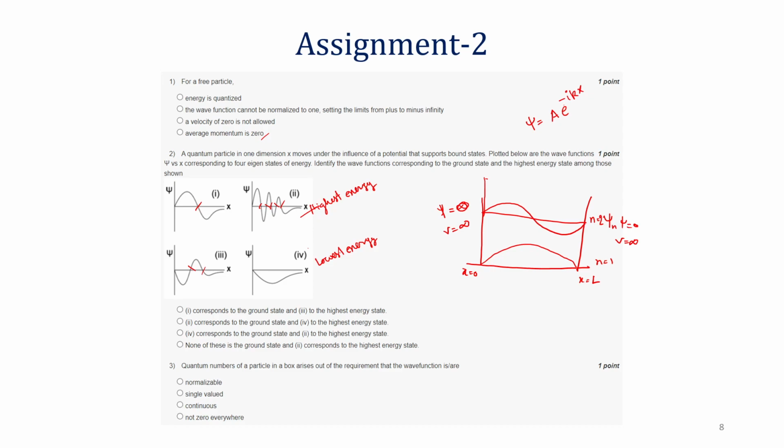We first discussed this question for the free particle in the previous video. For a free particle there is no quantization, because there is no boundary. Quantization is not our aim to begin with.